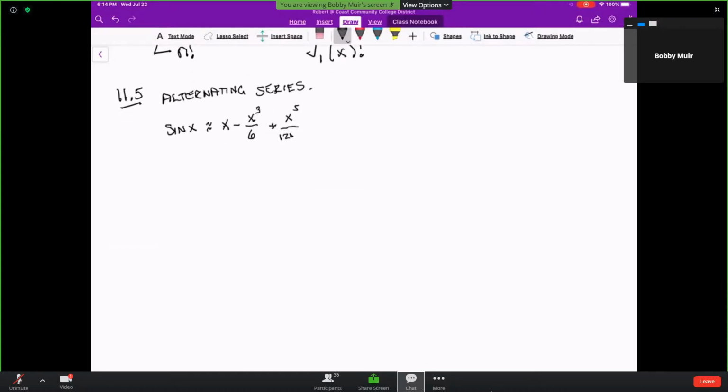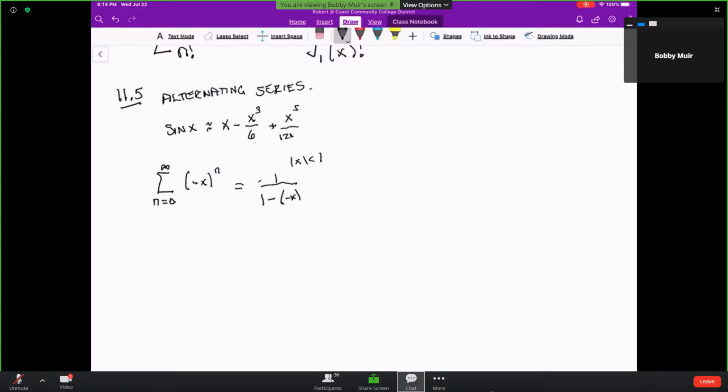Another thing that you could look at would be this geometric series. Let's say n is going to go from 0 to infinity. So if you did negative x to the n, as long as the magnitude of x is less than 1, then this is equal to 1 over 1 minus negative x.